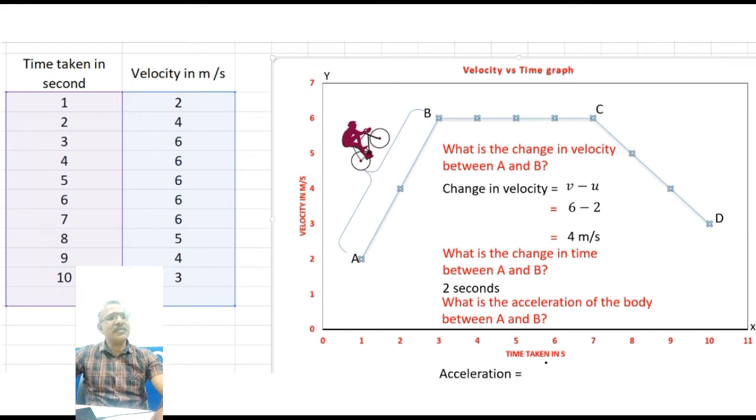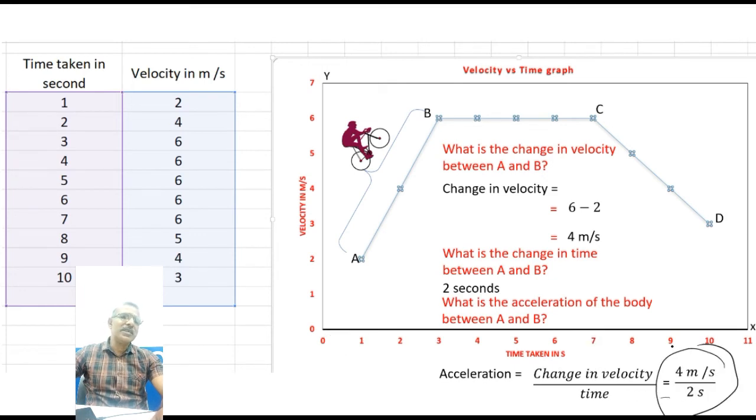So acceleration will be change in velocity divided by time. Please remember, this is a very important definition and equation. So, change in velocity we have seen is 4 meters per second, divided by time, 2 seconds.